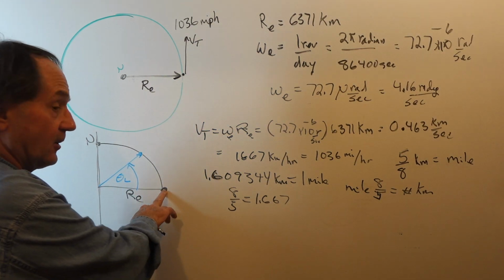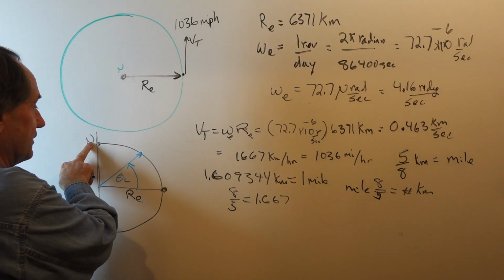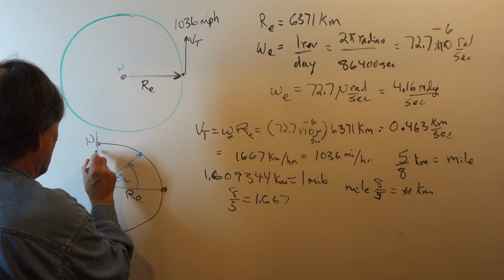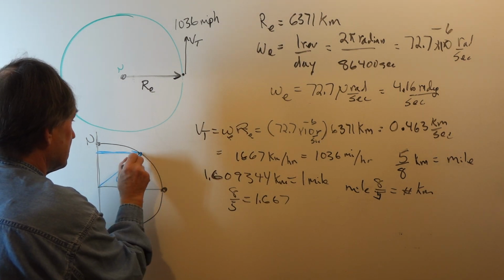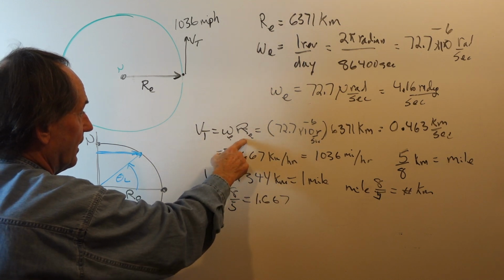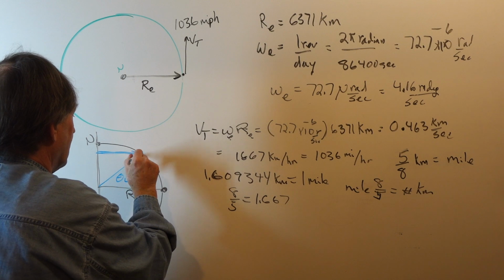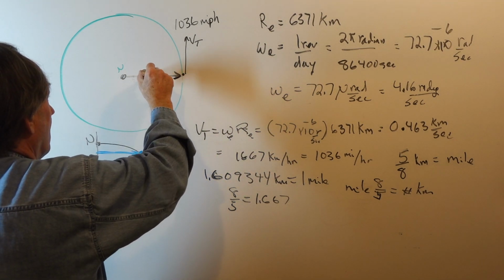At the equator, we're at 0 degrees latitude, and at the North Pole, we're at 90 degrees latitude. What we want to find is this radial line here, this distance to use for our radius.